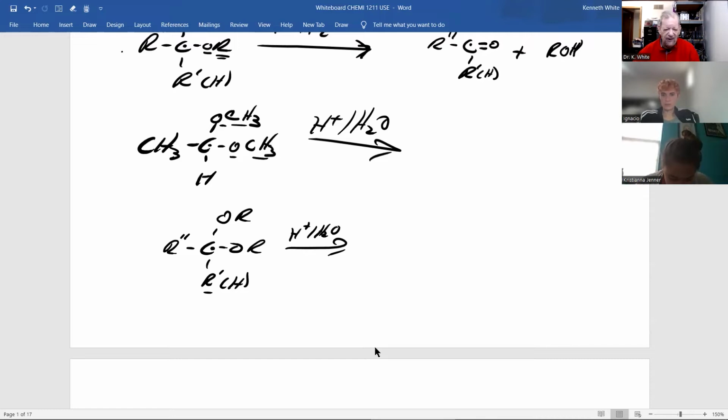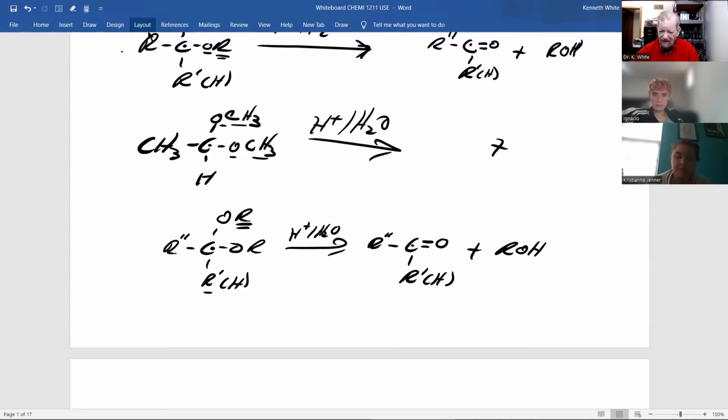Keep your eye on this carbon with the two oxygens. It becomes a carbonyl, carbon double bond to oxygen. What's attached to it, R prime, and I apologize, I should have put a plus sign there, and our R double prime. On tests, I always make sure that I don't forget to do that. And we also get the alcohol from here. Now, if you want, you can put a 2 there, but I don't.